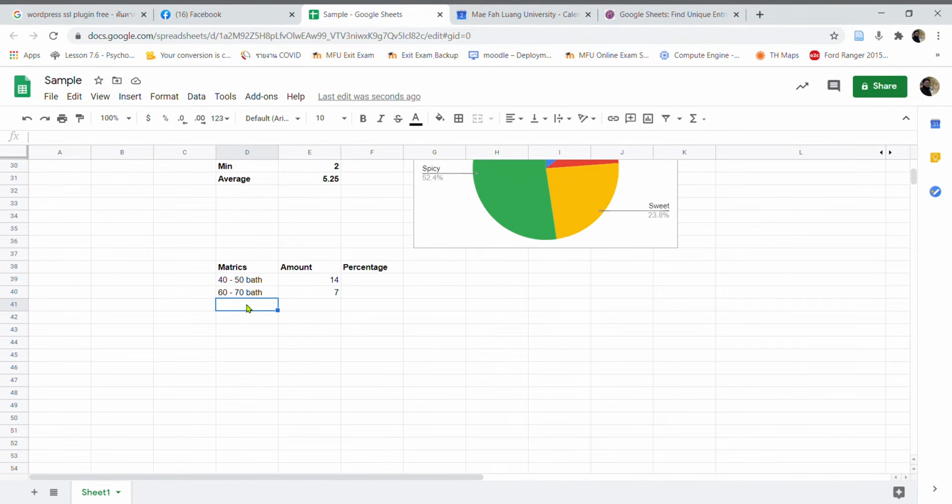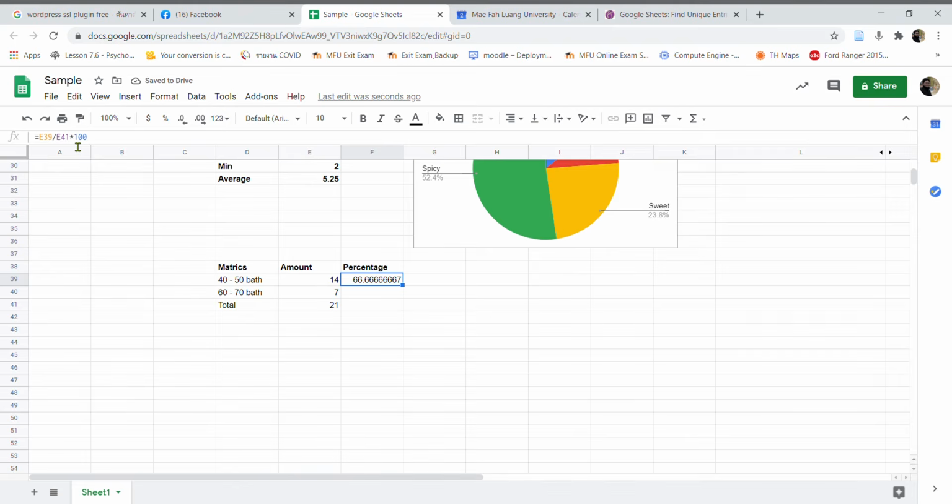Now I'm going to calculate the percentage. First, I have to find the total. Total equals the sum of these two. Enter. And the percentage: I think there are many ways to calculate it, but this is what I usually do. I multiply this by total and divide by total and multiply by 100.